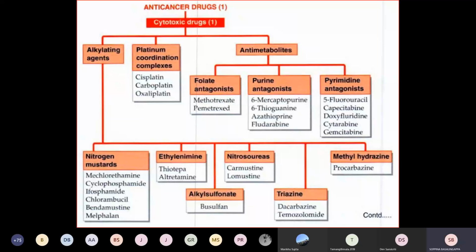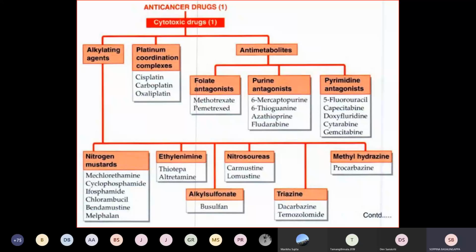Alkylating agents are further classified into nitrogen mustards, for example cyclophosphamide, ifosfamide, chlorambucil, etc., melphalan, ethylenimines such as thiotepa, nitrosoureas such as carmustine, and alkyl sulfonates. So depending upon their nature, they are classified. Among platinum coordination complexes, cisplatin, carboplatin, etc.